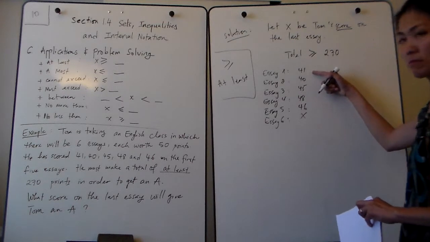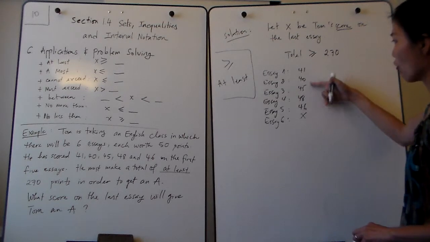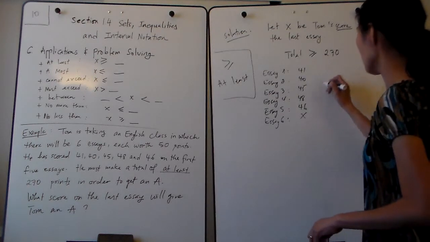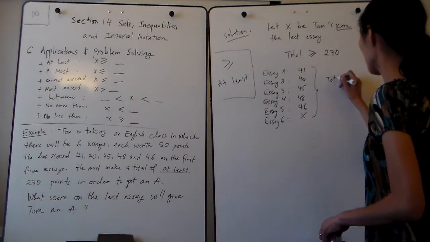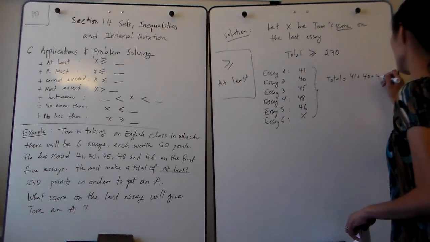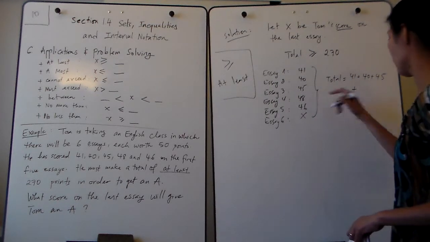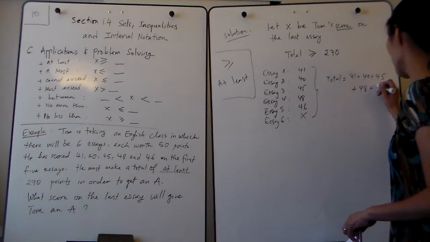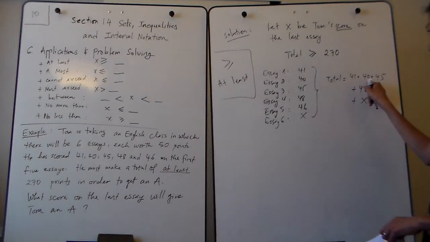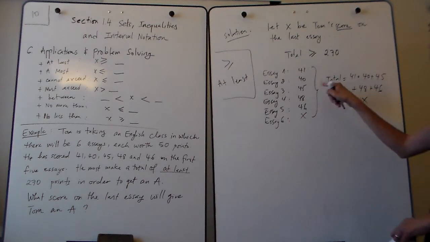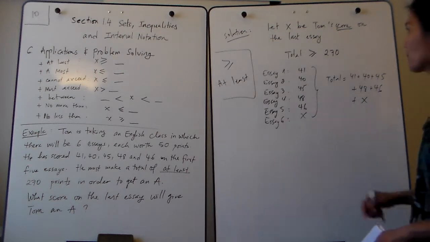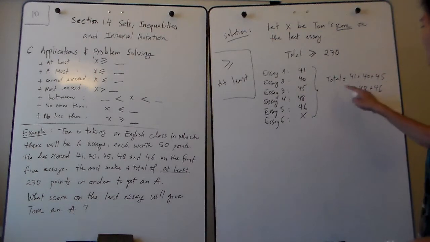So total means you're going to add all these values together to find the total. So I have total is equal to 41 plus 40 plus 45 plus 48 plus 46 plus x. Now substitute the total.